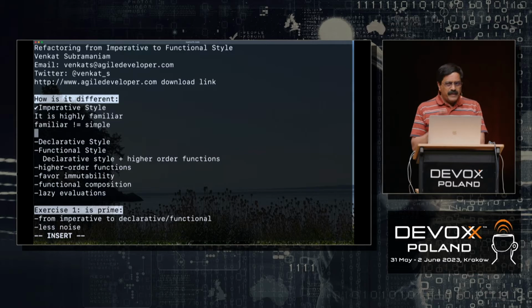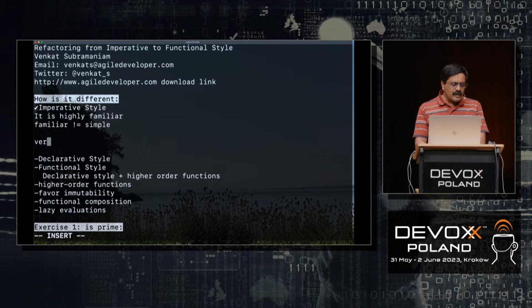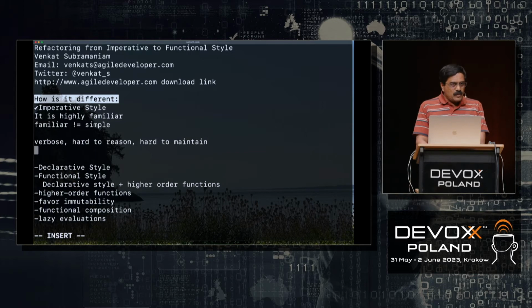And secondly, because we are very familiar, it's generally very verbose, and we could say it's hard to really reason with the code when we are writing it. It is going to be hard to maintain as well. So in general, imperative style code has high accidental complexity.